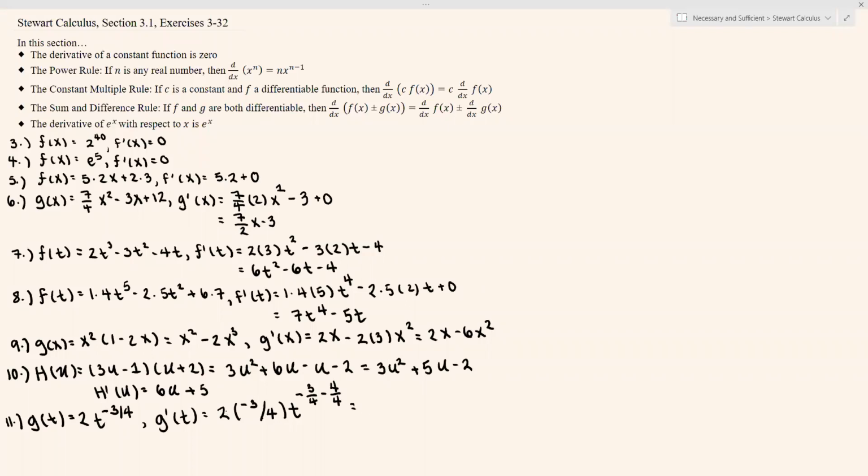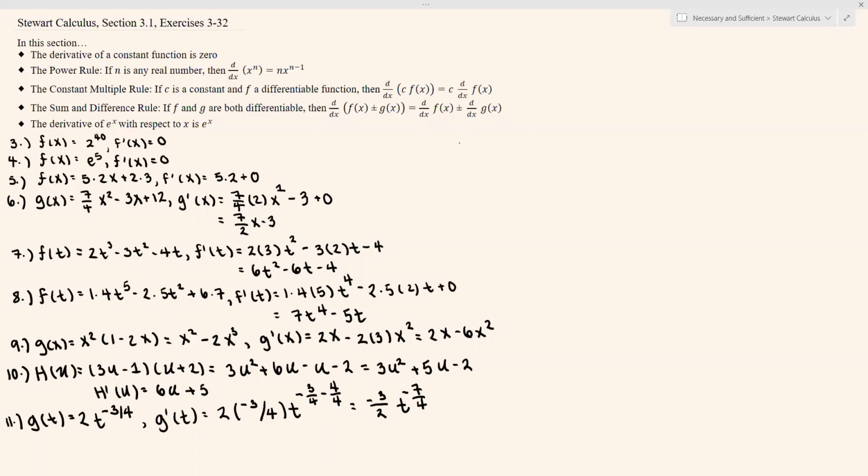So this is equal to 2 times negative 3 over 4, that's negative 3 over 2, t to the power of, so we have minus 3 over 4 minus 4 over 4. So we can simplify this as minus 7 over 4. So the derivative of g is given by negative 3 over 2, t to the power of negative 7 over 4.